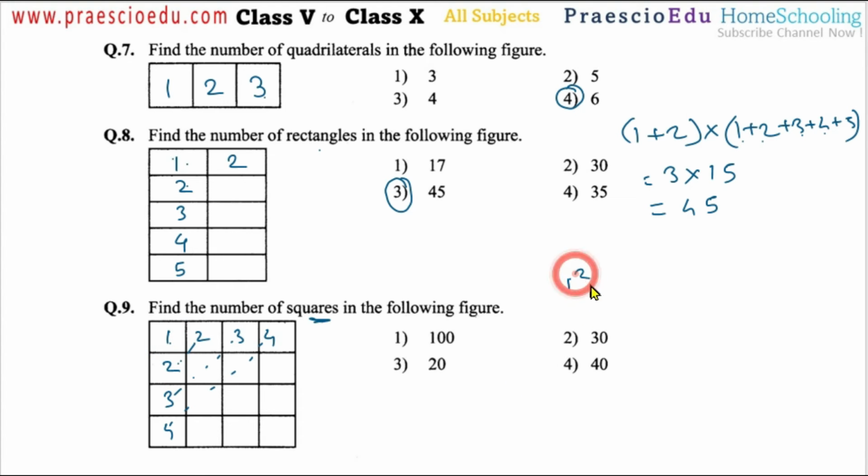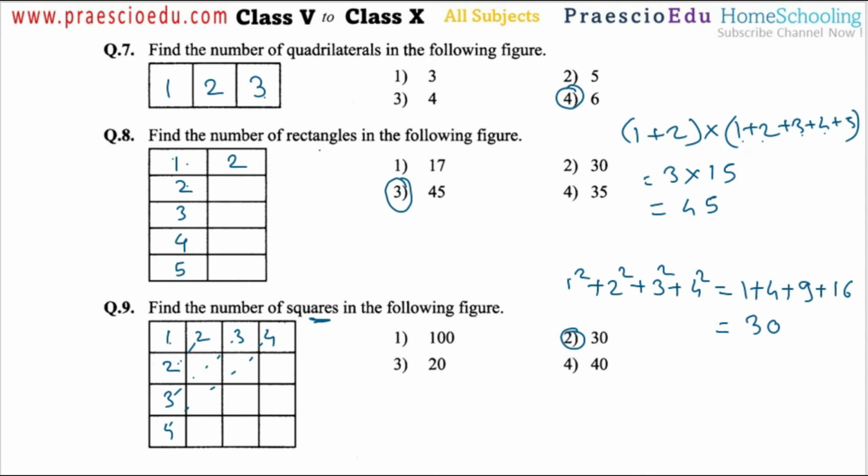So 1 square plus 2 multiplied by 2 is 2 square, plus 3 multiplied by 3 is 3 square, plus 4 multiplied by 4 is 4 square, equals 1 plus 2 square is 4, 3 square is 9, plus 4 square is 16. So adding all of these we get 30, and 30 is given in option number 2.